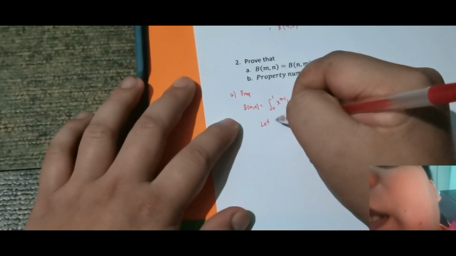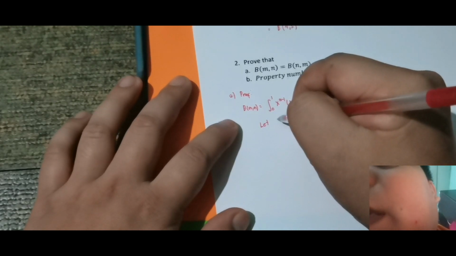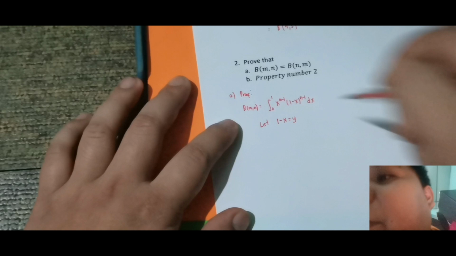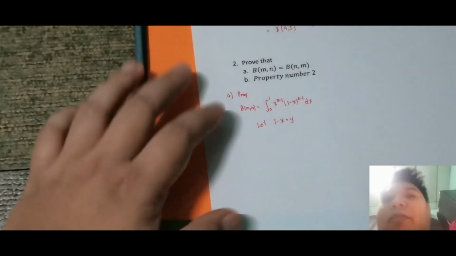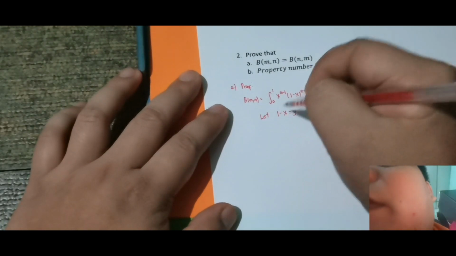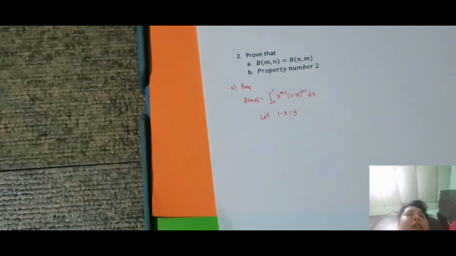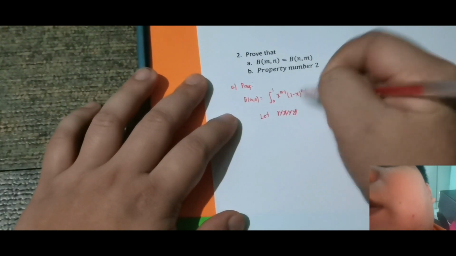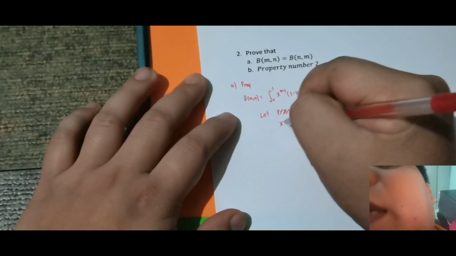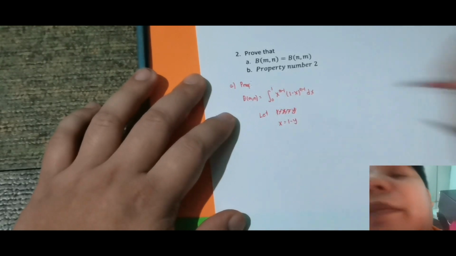Let natin na si 1 minus x ay equal to y. I guess ayun yung simplest way para mapakita ko. Or baliktad, sorry. Let natin na si x is equal sa 1 minus y. Yes, tama. Okay, so sorry. Let natin na si x ay equal kay 1 minus y.